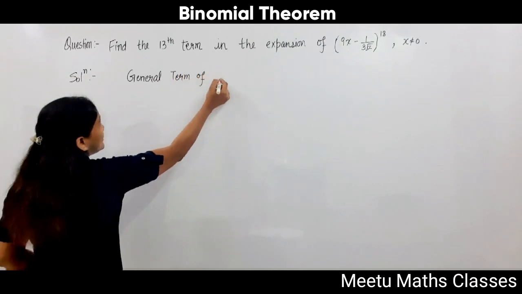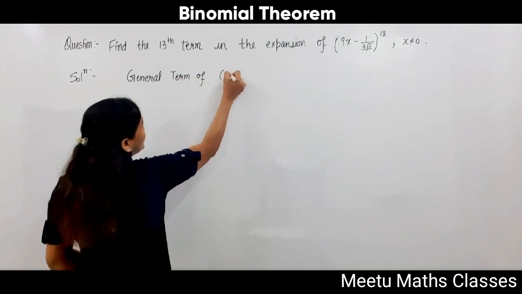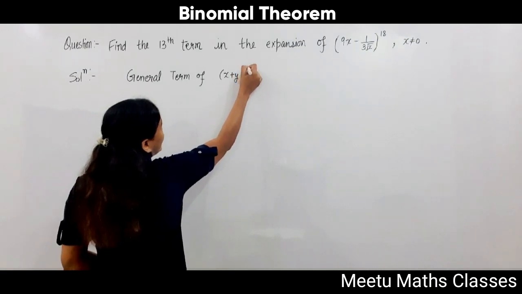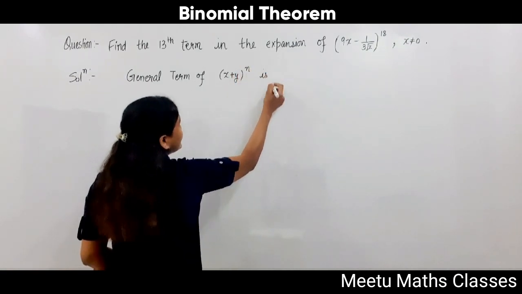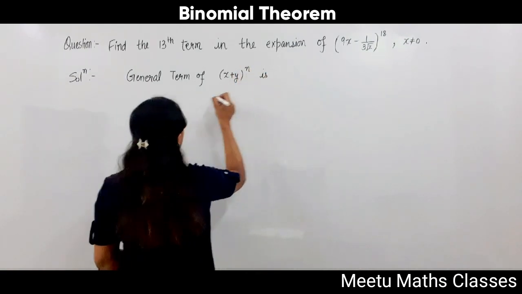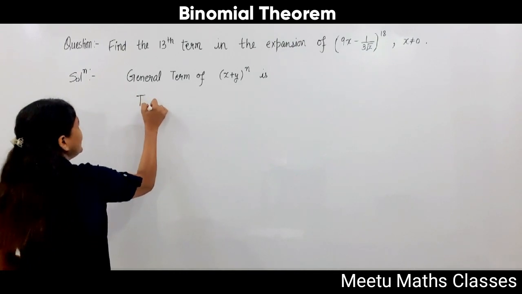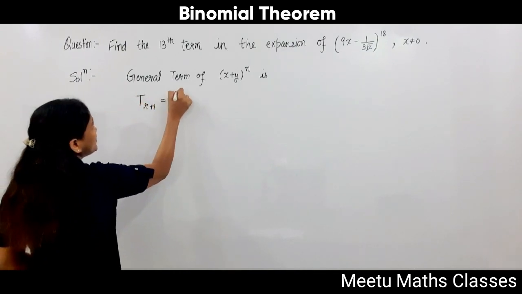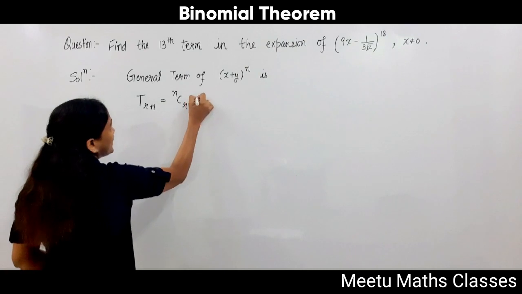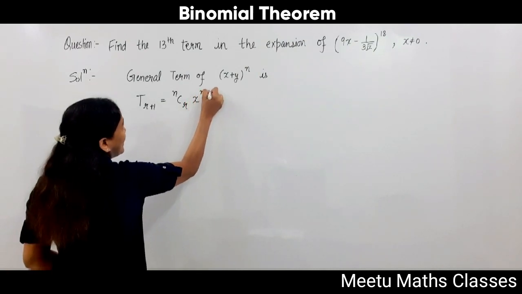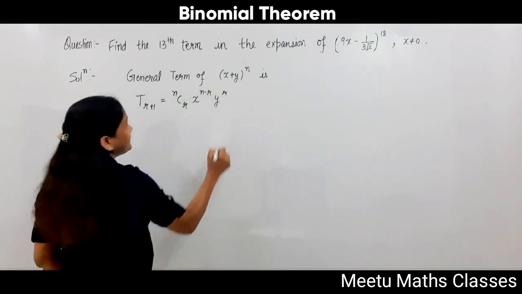of your expansion. Now we know that the general term of (x plus y) raised to power n is T(r+1) is equals to nCr x raised to power n minus r y raised to power r.